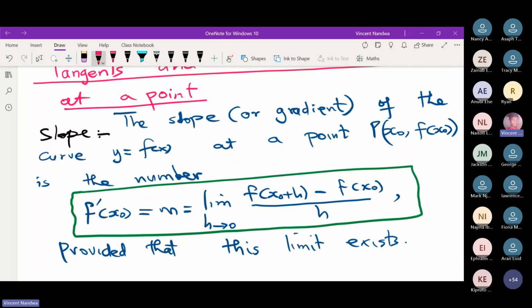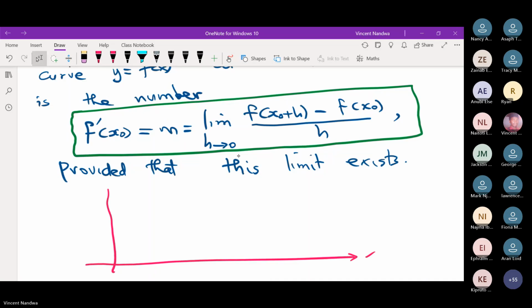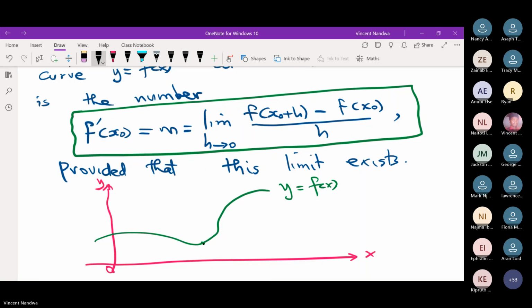So let's sketch. If this, for example, is a Cartesian plane, so this is the origin, and I have an arbitrary curve y equals f of x. So if this is the point of interest, this is where I have x naught.